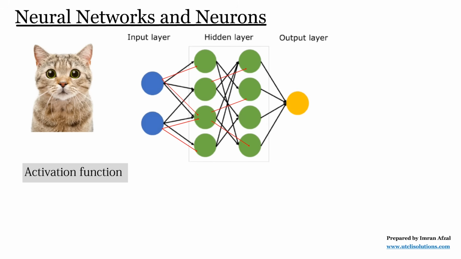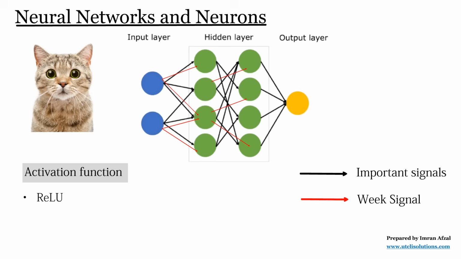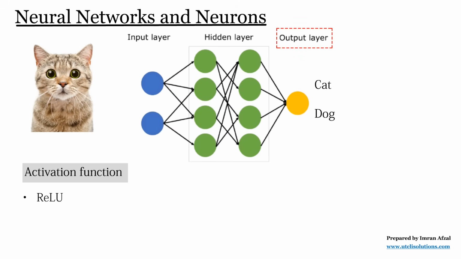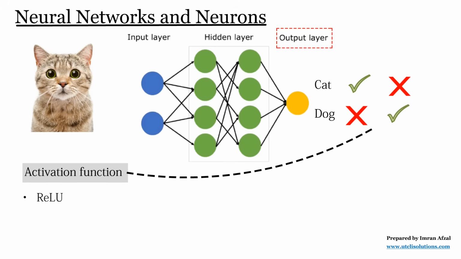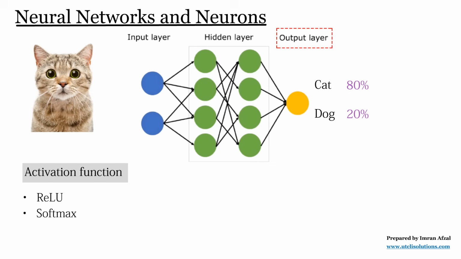One popular activation function is ReLU, which is good at helping the network focus on important signals and ignore the rest. For the output layer, if you are making a choice between categories like dog or cat, you might use an activation function called softmax, which turns the numbers into percentages so you can see which one the model is most confident about.